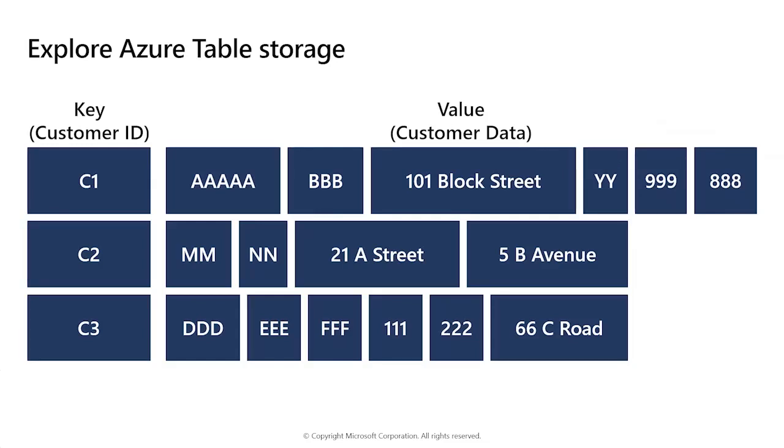In a relational database, this information would be split across multiple rows and several tables. However, in an Azure Table Storage table, this isn't the case. So we're able to get much faster access to the details of a customer because all the data for that customer is available in a single row.